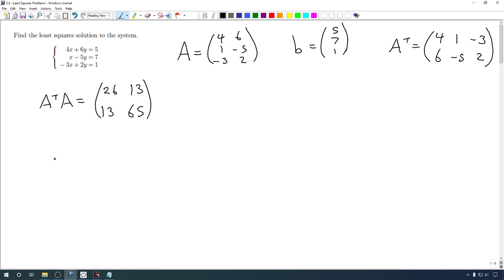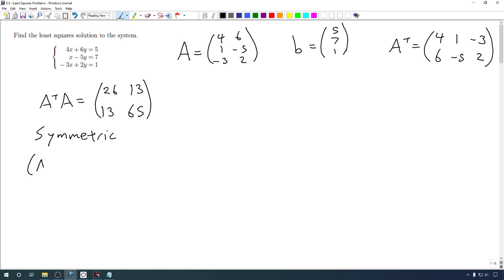And just to note here, what I said about those 13s being the same is always going to be true. We call this symmetric. Basically, if we reflect over this main diagonal, we always get the same thing on either side.